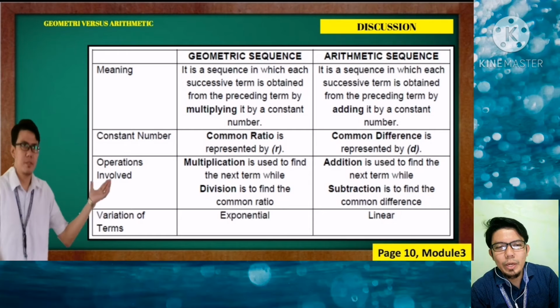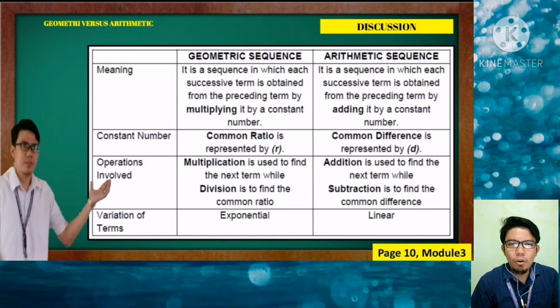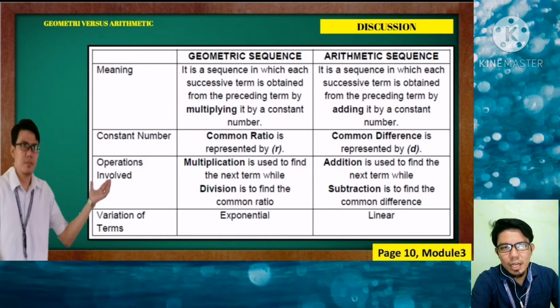In arithmetic sequence, we can find the common difference using subtraction, while in a geometric sequence, we can find the common ratio by division. And then, for variation of terms, in geometric sequence this is exponential, while in arithmetic sequence this is linear.